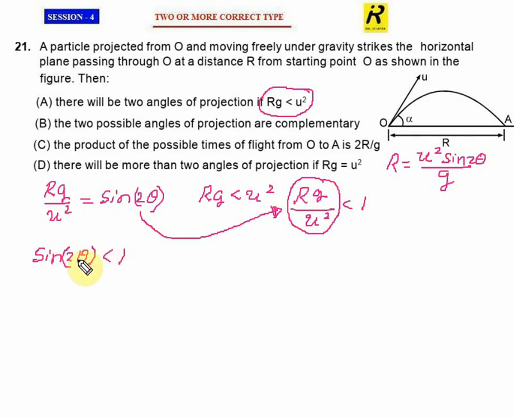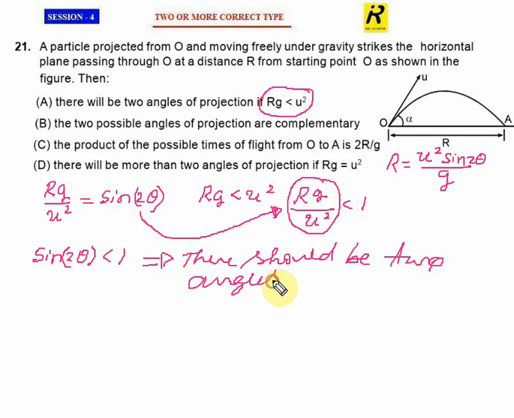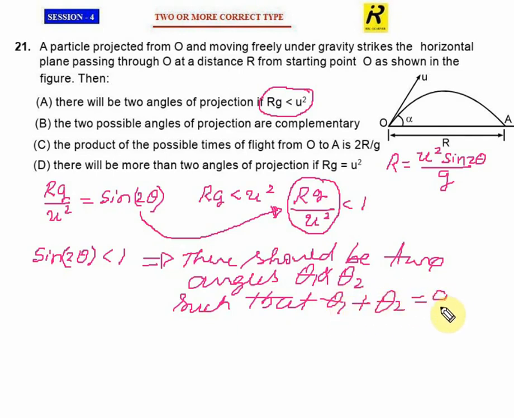We should know sine of any angle, the sine function, is periodic. So this condition is satisfied, so there should exist two angles, maximum two angles, say theta 1 and theta 2, such that their sum theta 1 plus theta 2 must give 90 degrees.